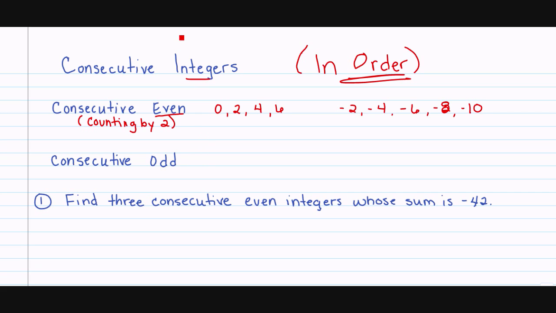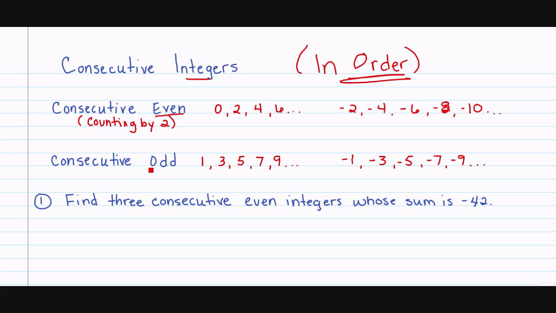Okay, 1, 3, 5, 7, 9, and because they're integers, you have to include your negative numbers: -1, -3, -5, -7, -9, and so on. Once again, I'm putting these dots there because it means it continues.